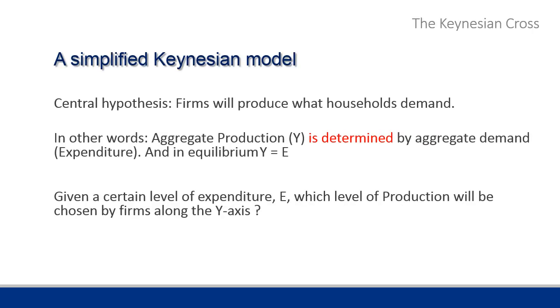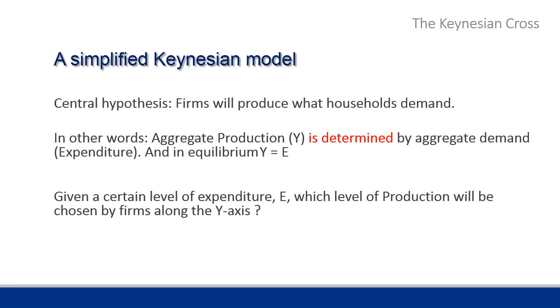We'll start with a simplified Keynesian model. So we just have 2 sectors, in the same way that we started with 2 sectors in the circular flow. The central hypothesis is that firms will produce whatever households demand. There's no limit. The firms are passive and the consumers are active here.